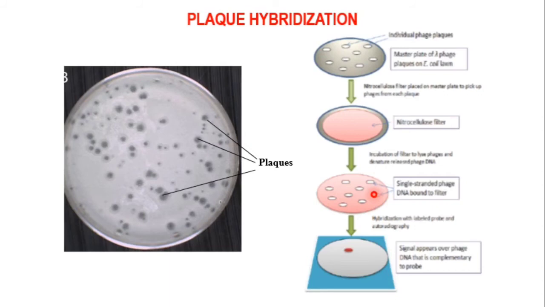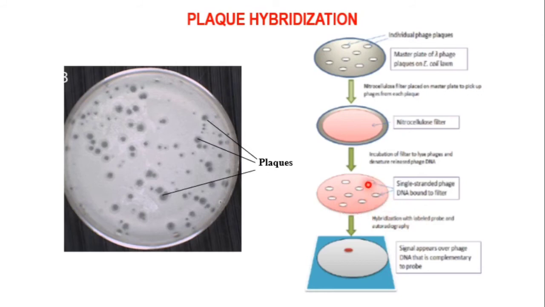When we add the probe to the membrane containing single stranded DNA, the probe will bind onto the specific DNA, and then we will allow hybridization and wash this nitrocellulose membrane.